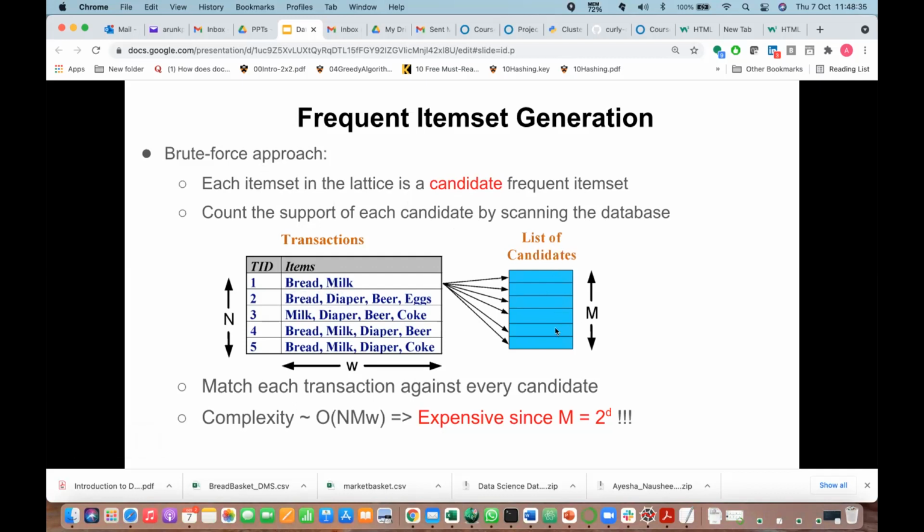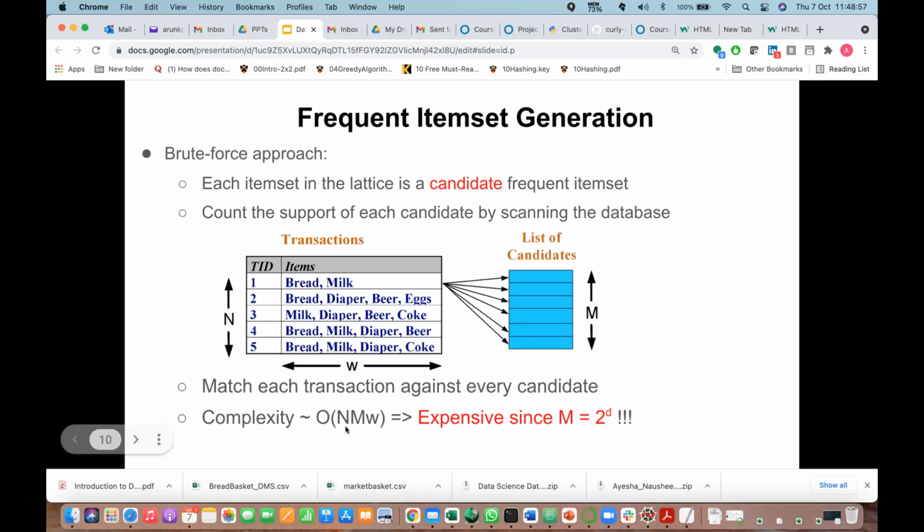It's a list of candidates, the frequent 1-item sets. Match each transaction against every candidate. The procedure is: take one candidate, then see how many transactions are supporting that candidate.